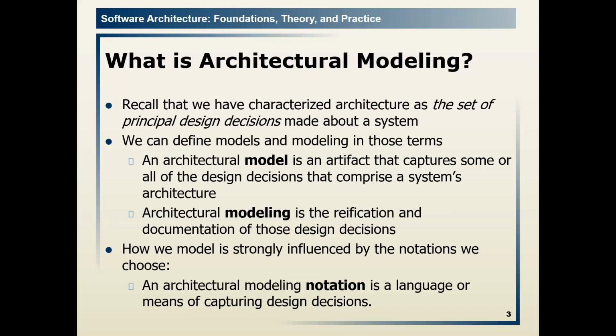Then how we can model is mainly influenced by the notations that we choose, so the tools that we use. You might have learned Rational Rose. If you're only using Rational Rose, then you're stuck with the diagrams that you use in Rational Rose. Same for UML. In UML 2, there are only a few architectural diagrams that we can use, and then you have to use only those diagrams, right? So that kind of influence is defined by the notations that you choose. An architectural modeling notation is a language or means of capturing design decisions.